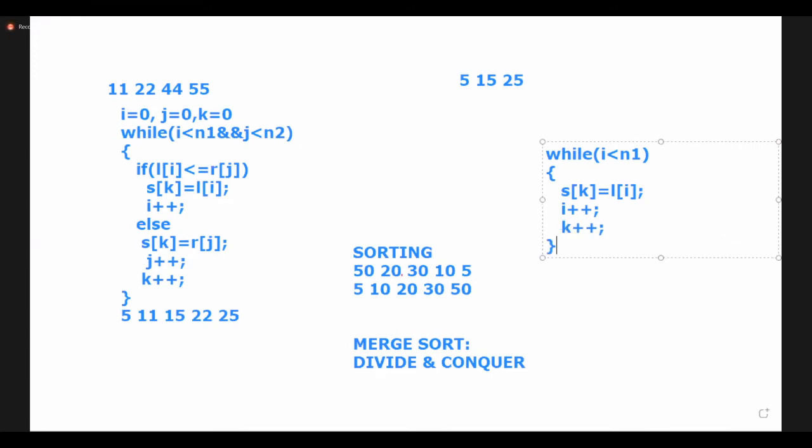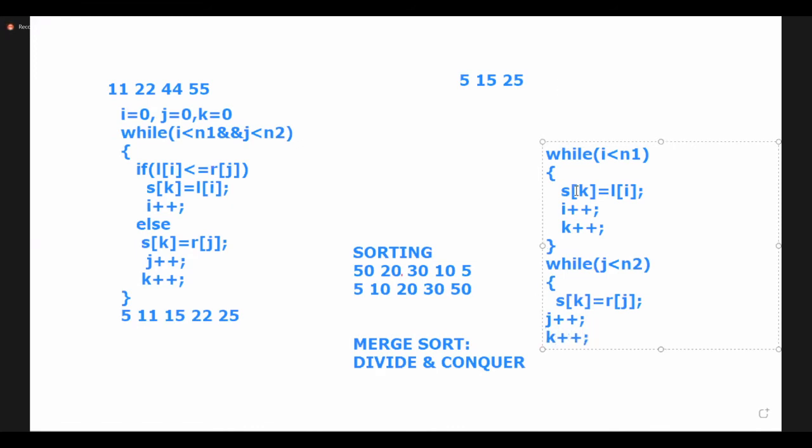Otherwise, if we reach the end of the first list, j less than n2, we copy all the second list elements into the sorted array: S of k is equal to R of j, and increase j and k.